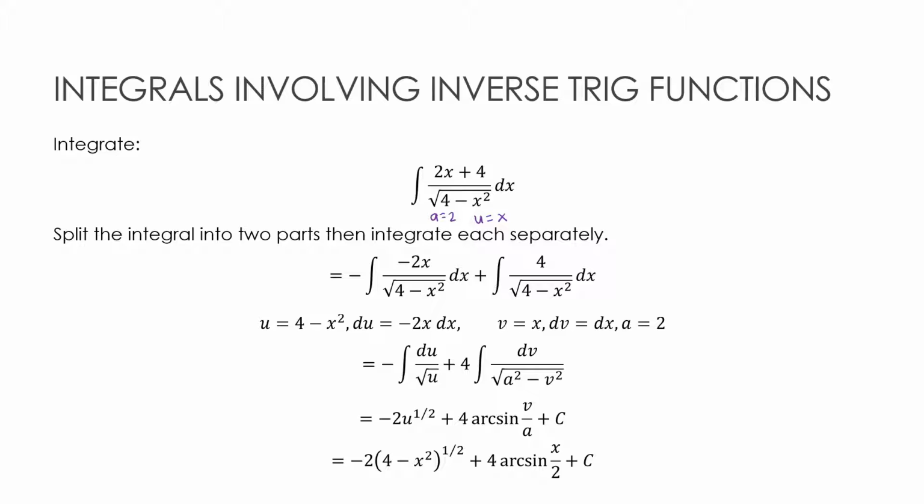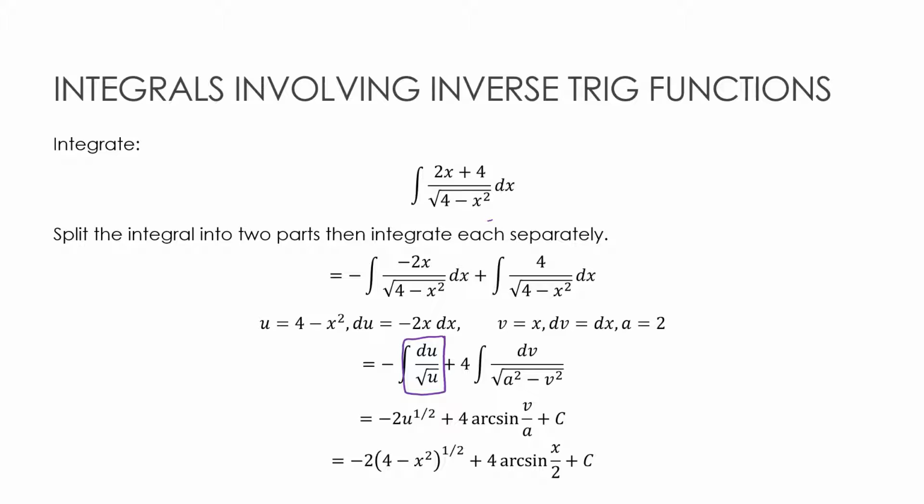So notice all I did was I kind of cheated a little bit and I said, let's split it up. So let's take 2x over that and let's take 4 over that and integrate each one separately. And so for the first guy, if you'll notice, this just fits a normal integration pattern.